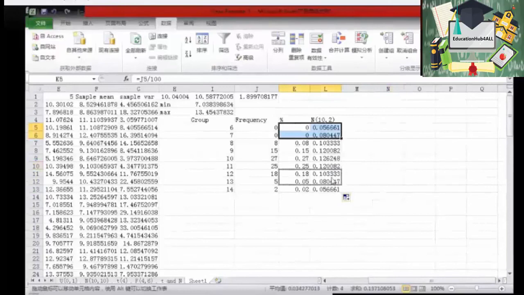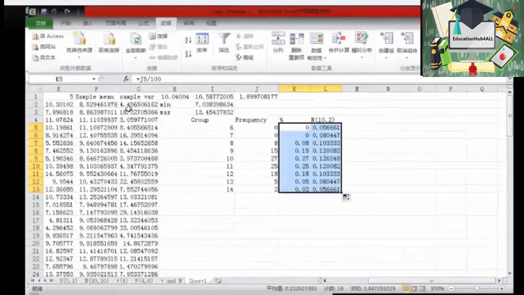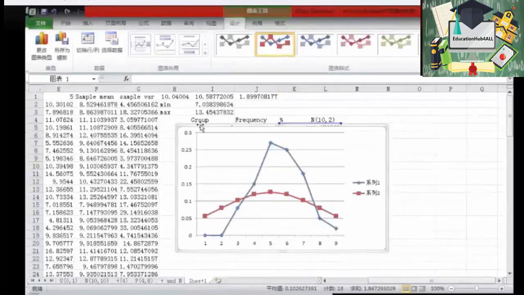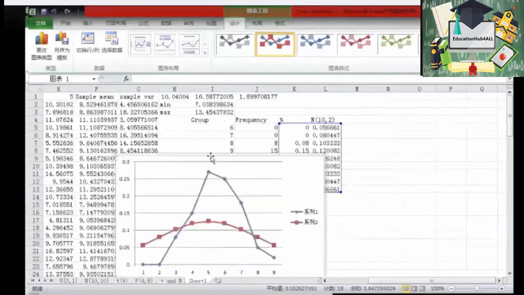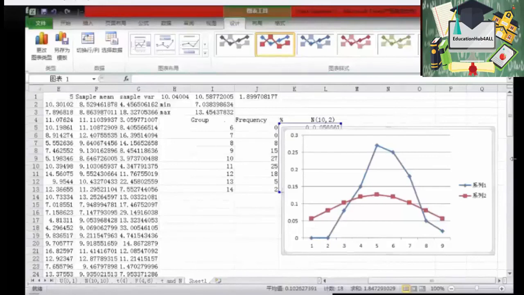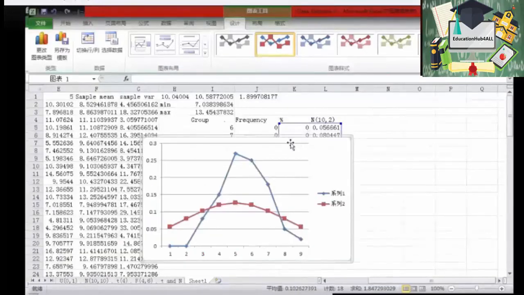Let's say we want to draw these two lines together, we select insert. What graph do you have?